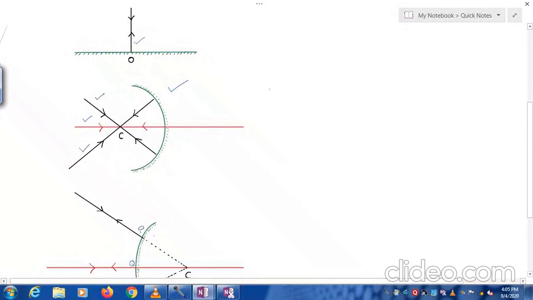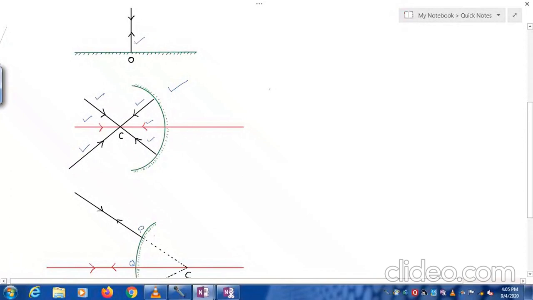So after reflection, the reflected rays will go back over the same path of incident ray, or they will retrace their path. So see, here is the incident ray, and the reflected ray will also move back along the same path of the incident ray. So these three are the reflected rays. So it is the case of normal incidence in case of a concave mirror.